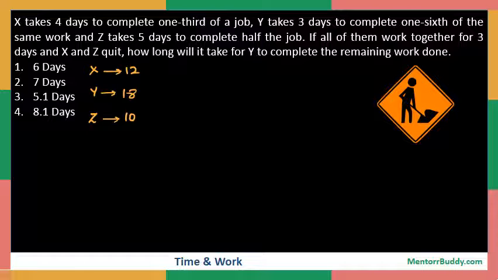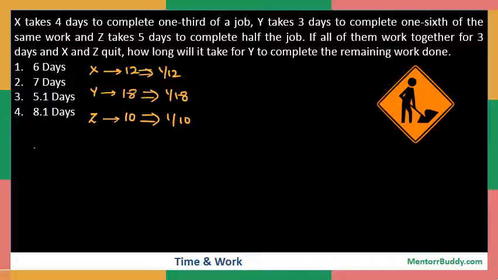If all of them work together for 3 days and X and Z quit, that means all of them are working for 3 days. So by using this, I can say that the 1 day work for X will be 1 upon 12. Similarly, 1 day work for Y will be 1 upon 18, and 1 day work for Z will be 1 upon 10.